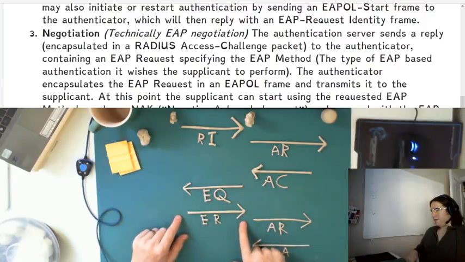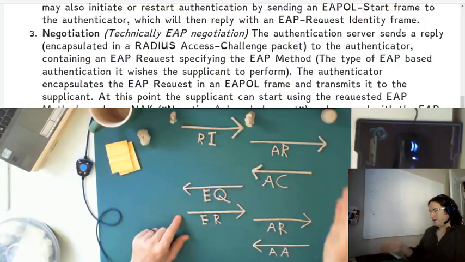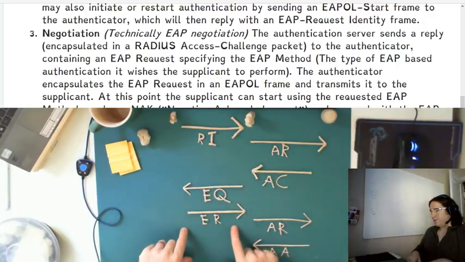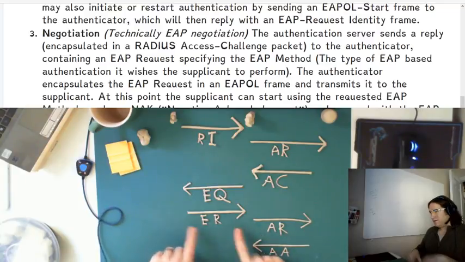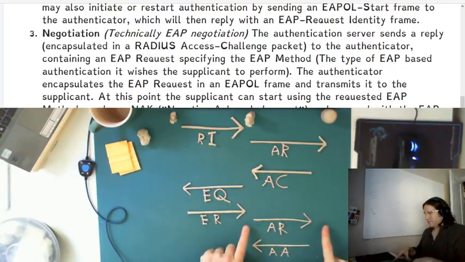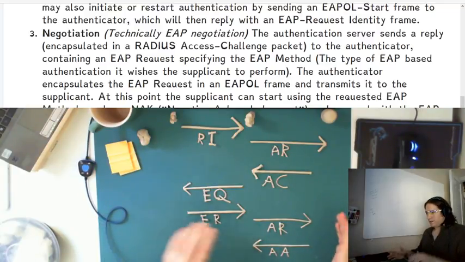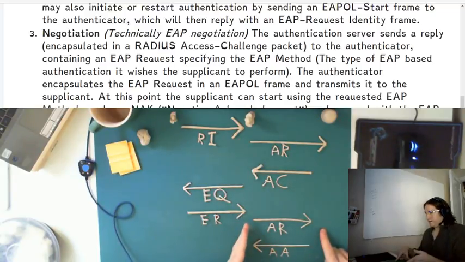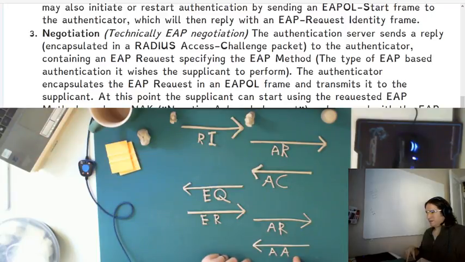If the authentication server and supplicant agree on the EAP method, EAP requests and responses are sent between the supplicant and the authentication server, translated by the authenticator, until the authentication server responds with either an EAP success message, access accept, or access reject.